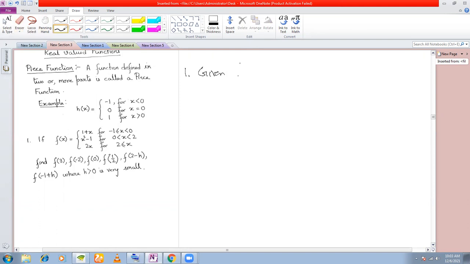Given f(x) is equal to 1 plus x for, is equal to x square minus 1 for, and is equal to 2x for.